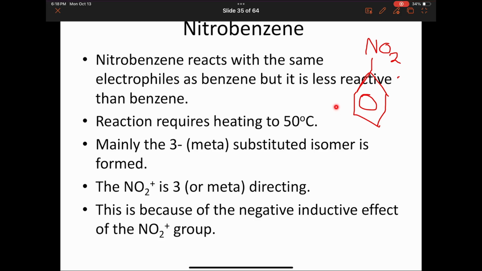Of the products being formed, your nitrobenzene is going to be mainly 3-directing or meta-directing, meaning that your additional NO2 group is going to be on that 3rd carbon, with the negative inductive effect of your NO2 group. And that negative inductive effect is looking at the fact that this nitrogen group is electron withdrawing in comparison to your methyl benzene, which was a positive inductive effect.